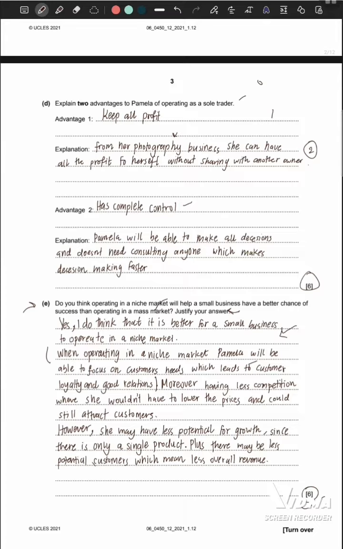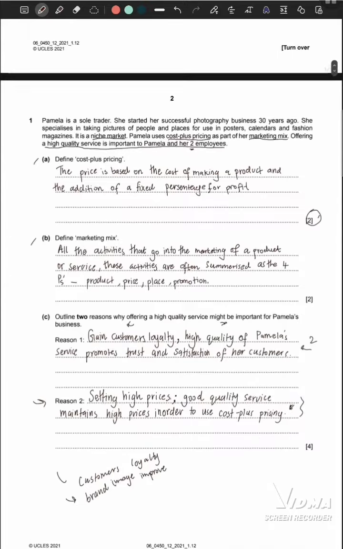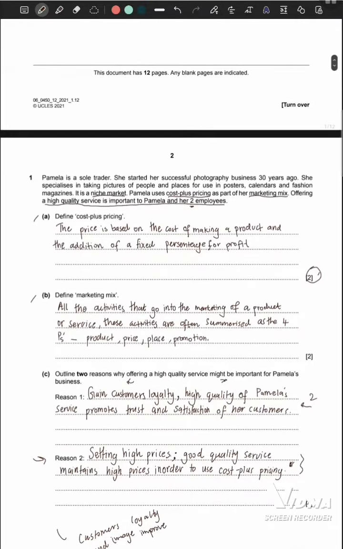Having less competition means that you don't have to lower your prices in order to secure your customers, because if you're the only one around, you don't really have to, and you can set any price you like. Now this supports our first part where she uses cost plus pricing.